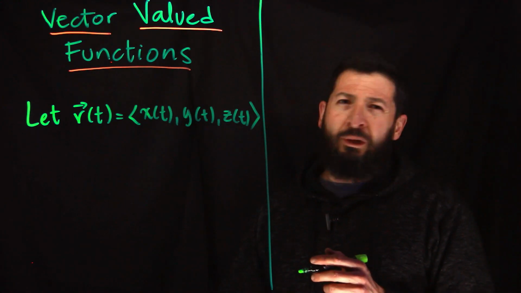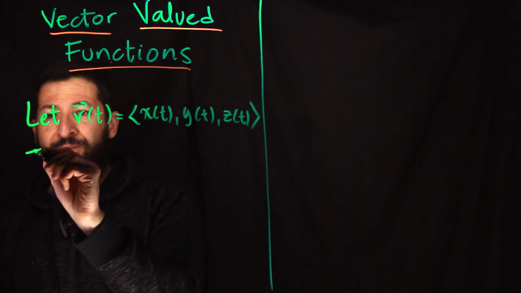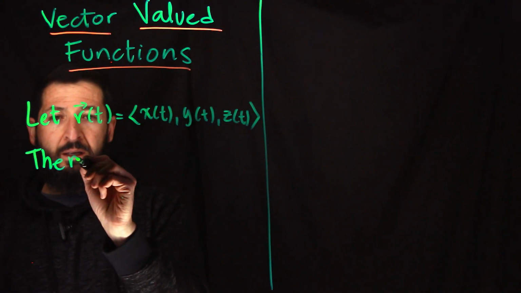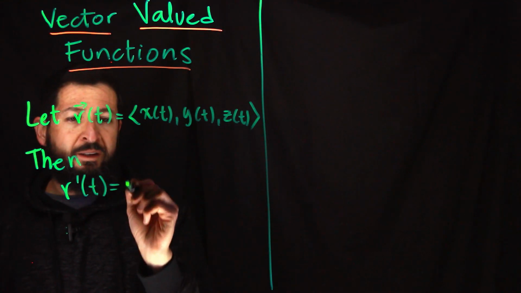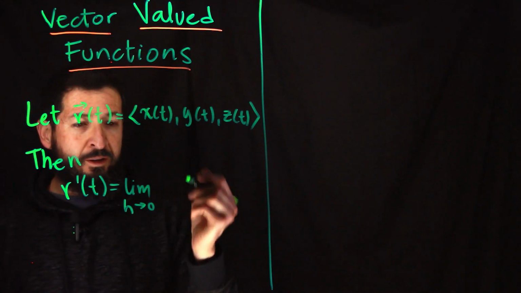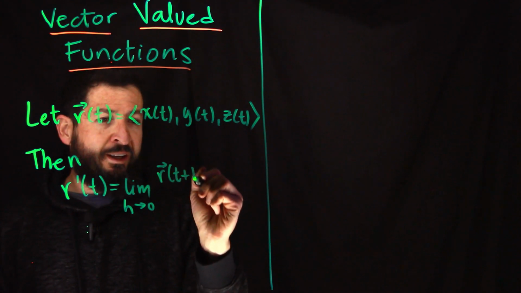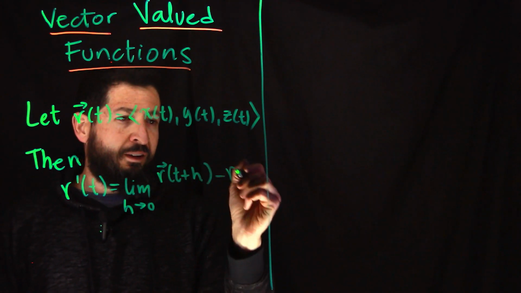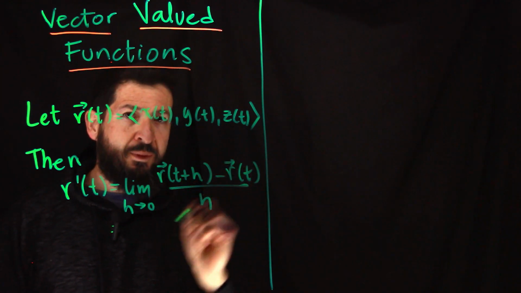And now we want to look at what happens with our derivative. So then the derivative would be given by the limit as h goes to 0 of r of t plus h minus r of t all over h.